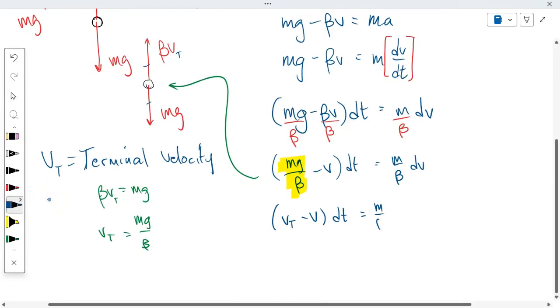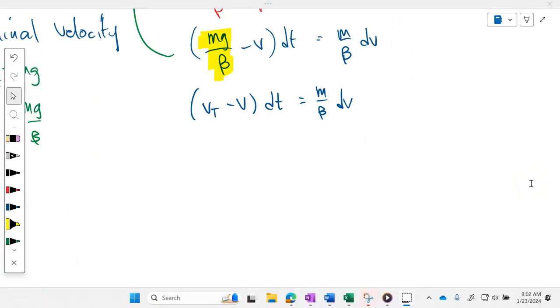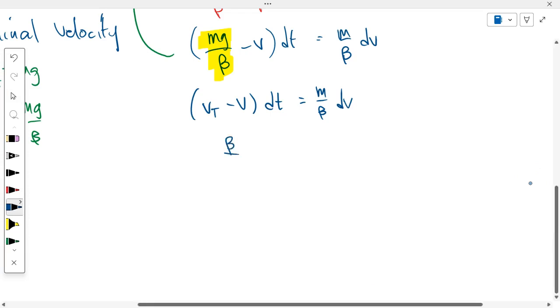Mass over beta dv. Now, remember, we have to get all stuff with v on the same side as the stuff with dv. So to do that, I'm going to divide both sides by this term. I'm going to move this stuff to the other side, so here's what we get.